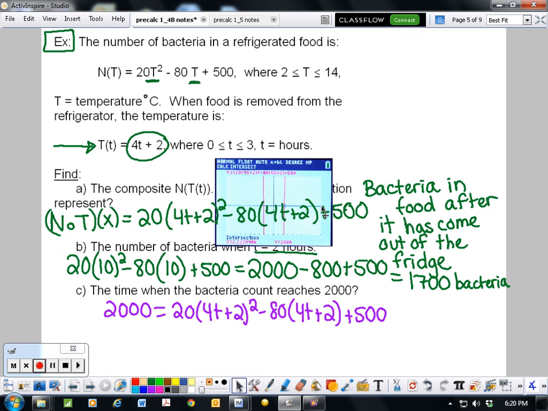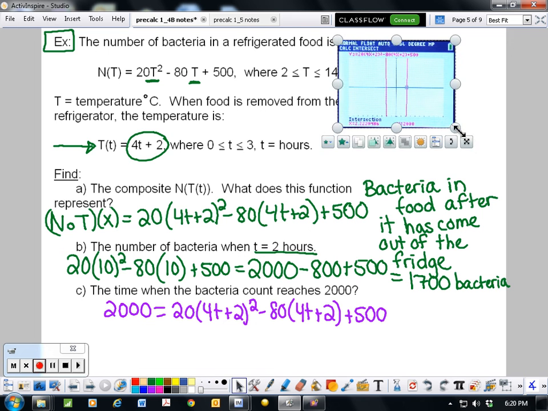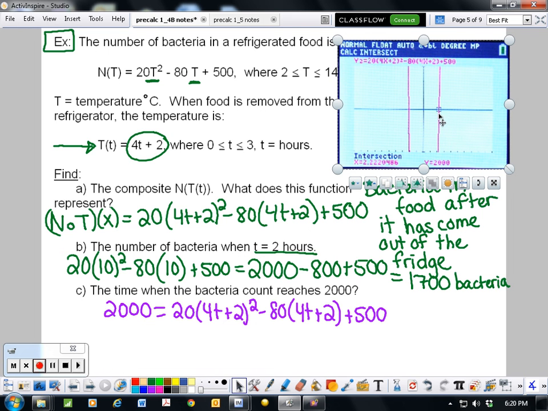And yes, you heard me take a picture of that. And so then using that graph, we can see where that intersection is, and we could figure out the amount of time, 2.22 hours. And we are good to go.